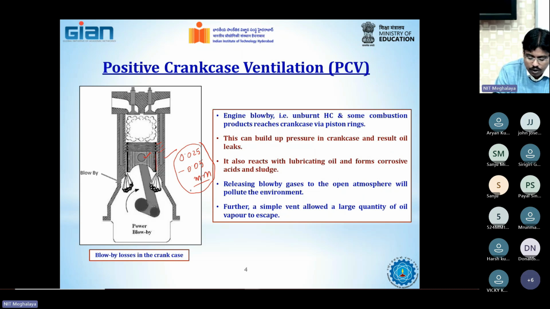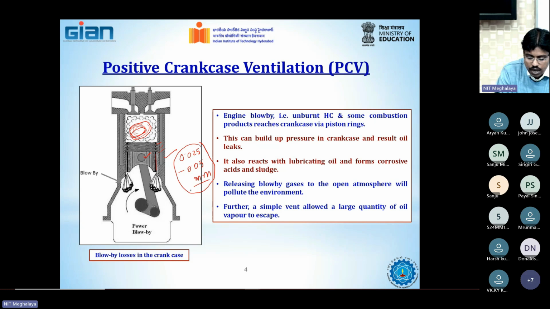Now, when we perform IC engine operation, if I talk about a 4-stroke engine, then there will be suction, compression, power, and exhaust. Apart from the suction stroke, in all other strokes like compression, power, and exhaust, the zone inside the combustion chamber is highly pressurized.